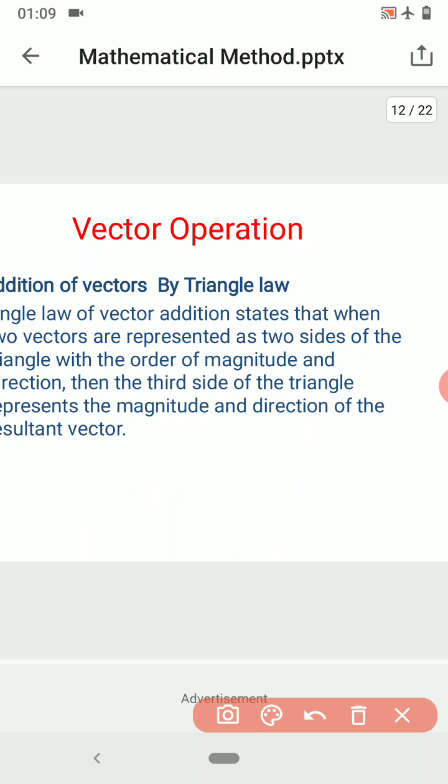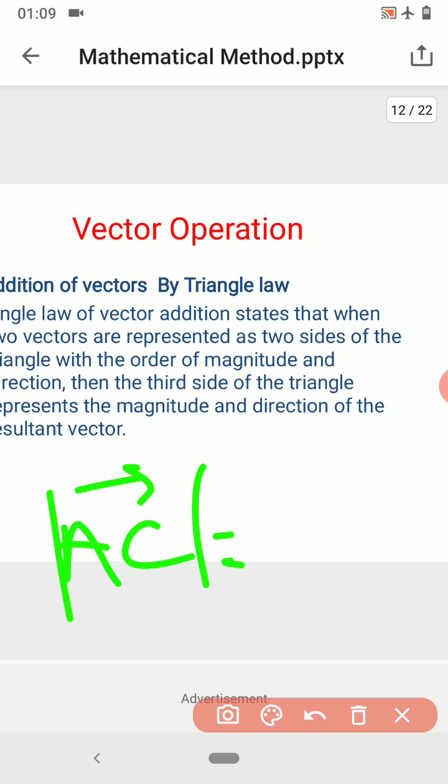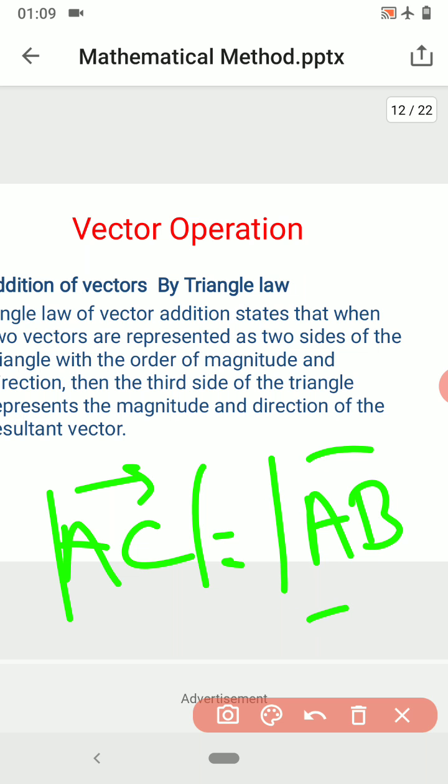So the magnitude of vector AC is equal to the magnitude of vector AB minus vector BC. Okay, so this happens for anti-parallel vectors.